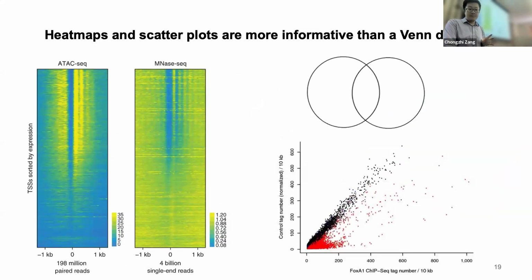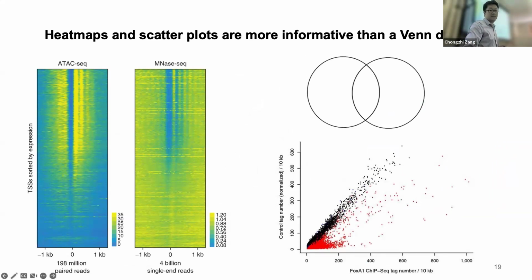When we compare genomic data sets, sometimes we want to see how many genes have a certain signal, or how many transcription factor binding sites have, say, a histone modification signal. We want to do the comparison or association.